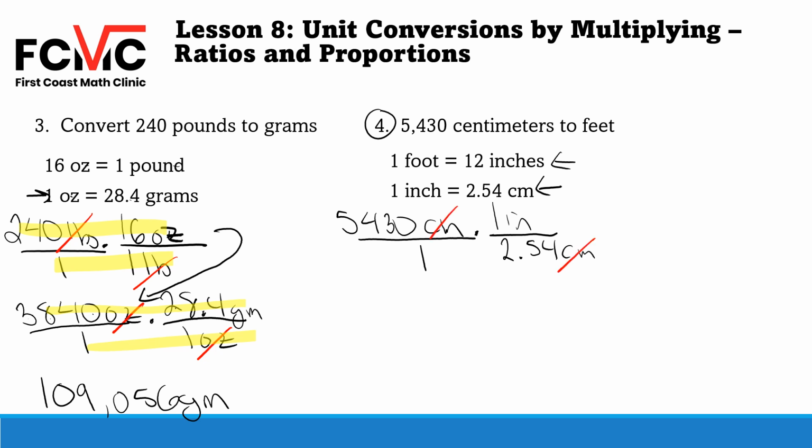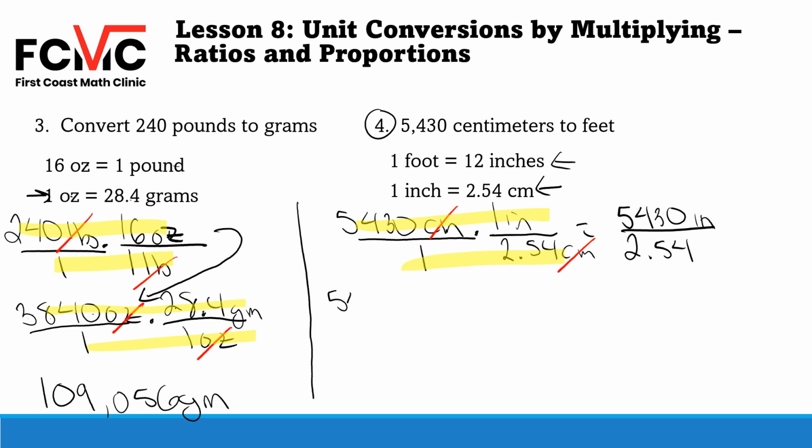We can multiply straight across, and we get 5,430 inches over 2.54.